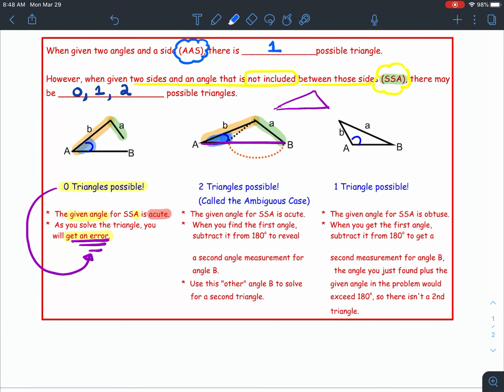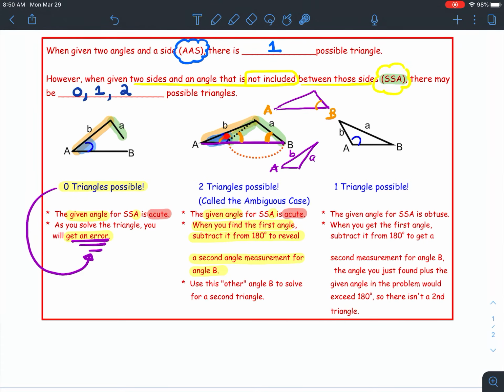So whatever this initial angle B is, what I'm really after is what this angle over here on this side would be. Okay, so angle B, same as this angle here. I want this side over here, so I take 180 and I subtract my angle B from that. That gives me what the other angle B would be in, say, my second triangle.